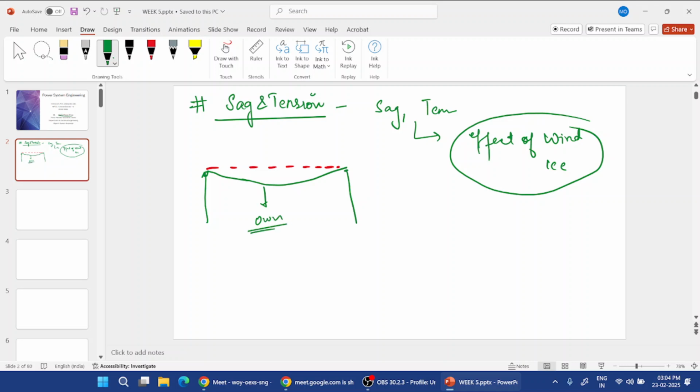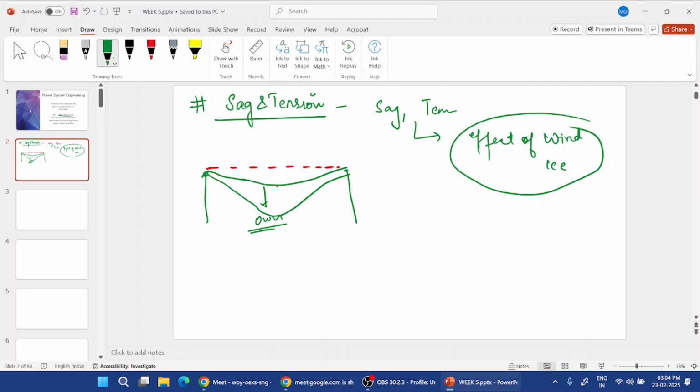So we calculate how much tension is there and how much sag can be allowed, because if we allow higher sag, then it may touch the ground or come close to the ground.